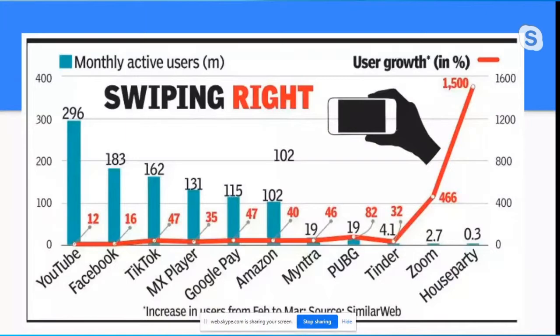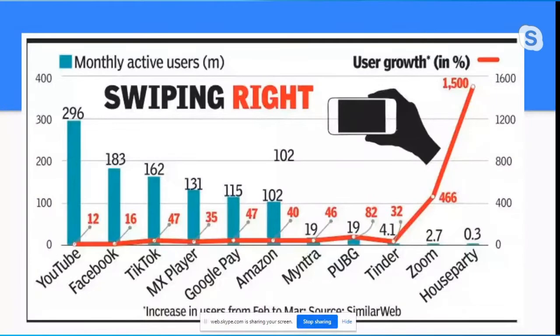Now we have to see that YouTube, though it has the red line at only 12 percent, has 296. Why? Because almost the whole population is already on YouTube. That is the reason the user growth is less, because they are already inbuilt in YouTube.